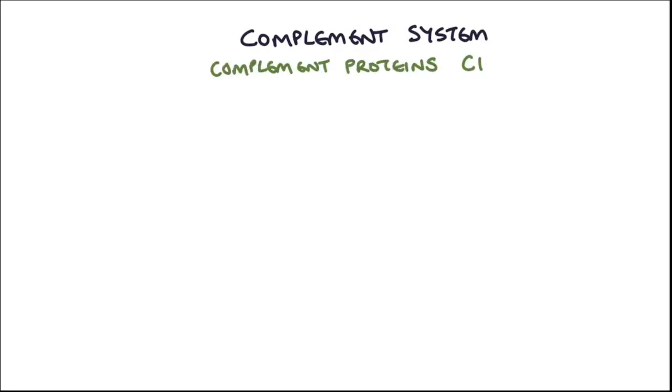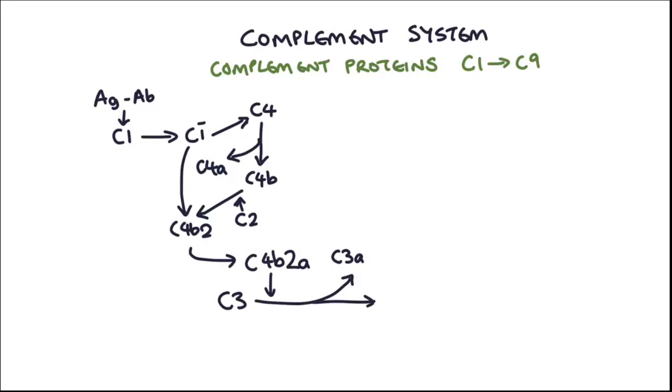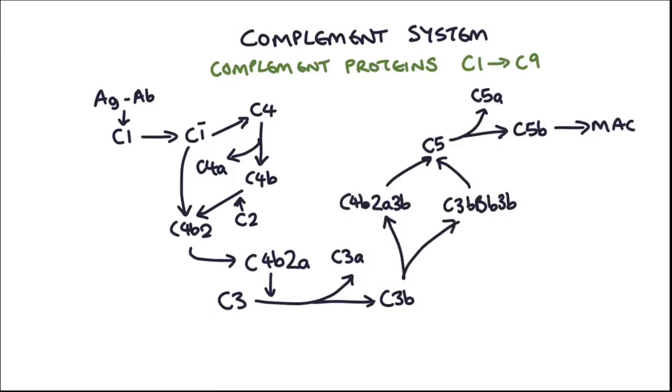Next, let's look briefly at the complement system. The complement system works alongside the innate and the specific immune system to help them destroy pathogens. This involves a series of complement proteins, labeled C1 to C9. Once the complement system is triggered, the proteins start to activate each other in something called the complement cascade.